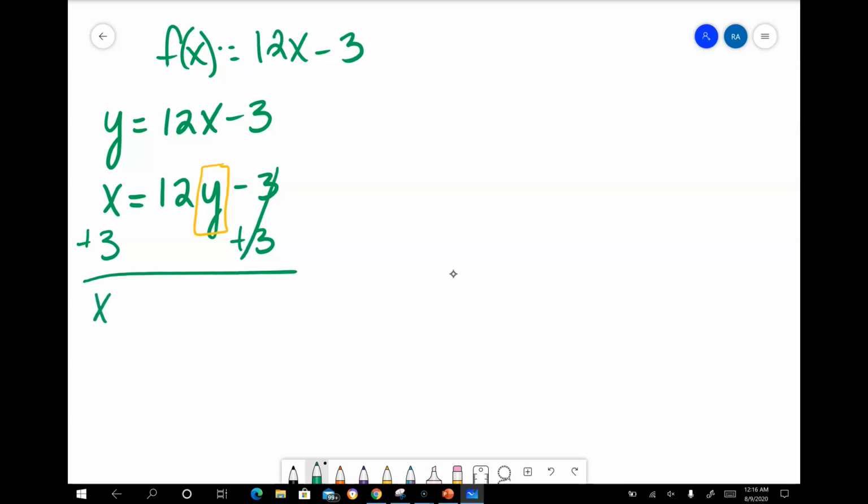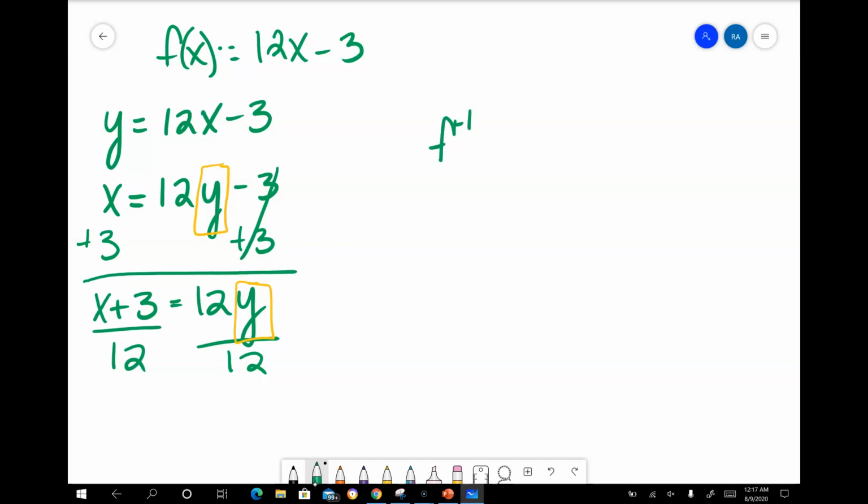I'm left with x plus 3 equals 12y. I'm still trying to get this guy by himself. So I need to get rid of that 12, so I'm going to divide by 12. When I do that, I now have f inverse of x equals x plus 3 divided by 12.